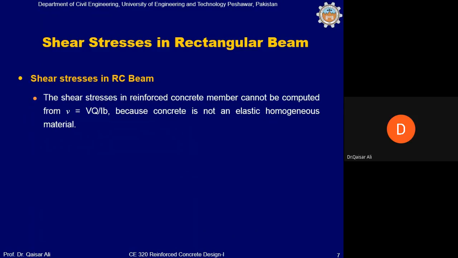The problem of shear stress variation through the depth of the beam in a reinforced concrete beam is rather complex as compared to flexure stress variation. Okay. For this reason, the data from tests have been used to obtain a relationship for the shear stress variation through the depth of the beam.